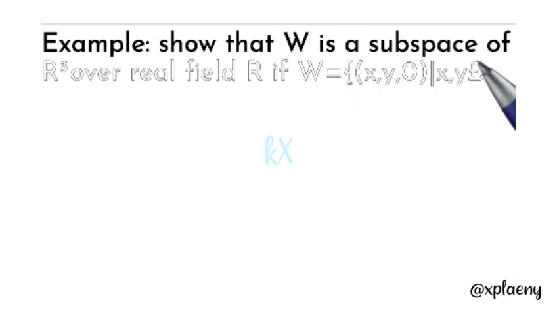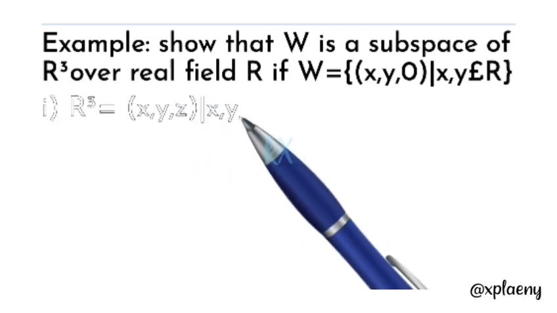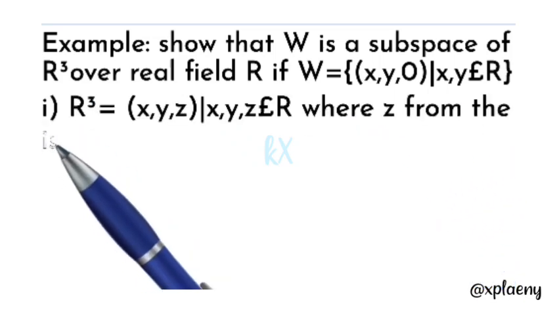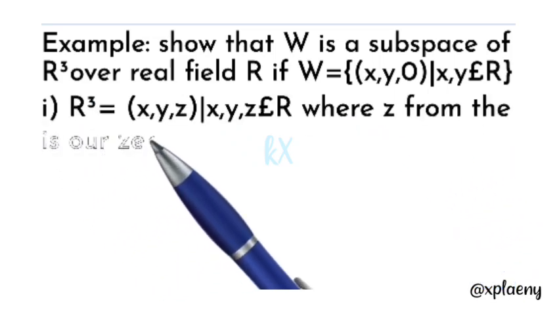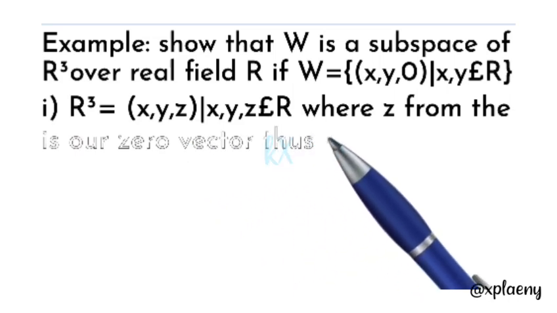if our W, our subspace, is such that we have (x, y, 0), such that x, y is also found in our real field, which could also be real numbers. Now we need to consider that in a three-dimensional Euclidean space we have x, y, z.